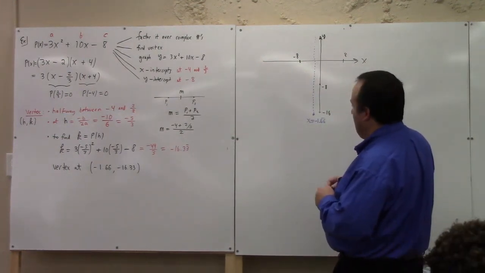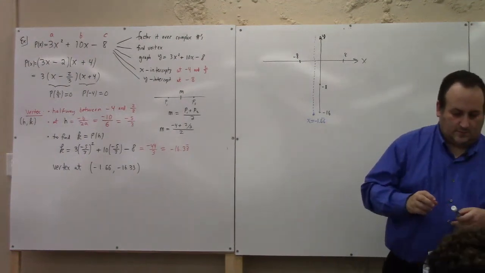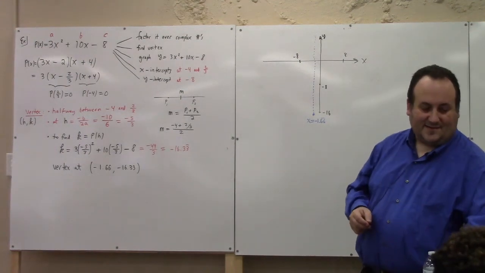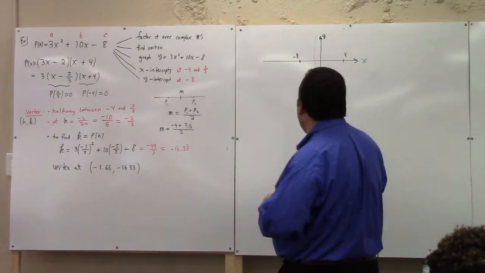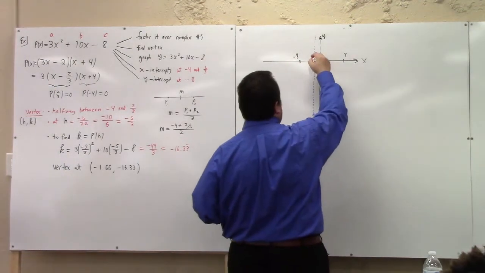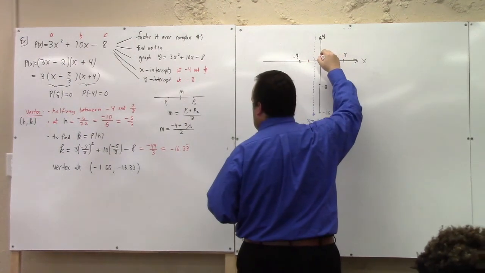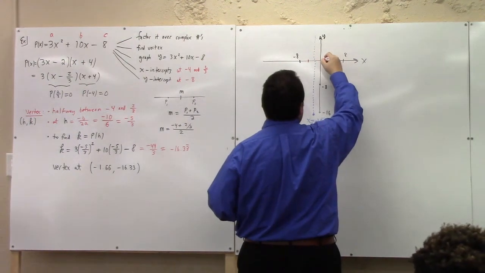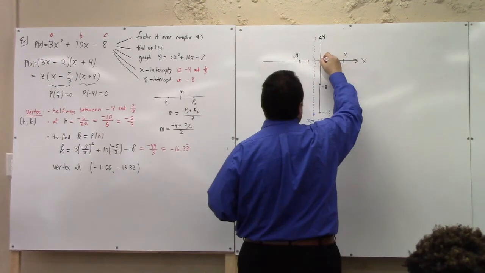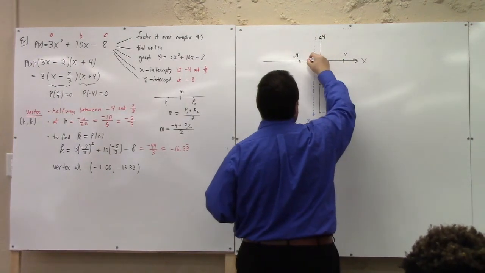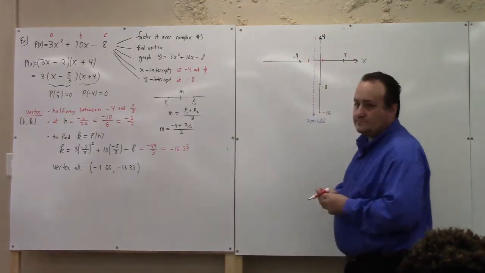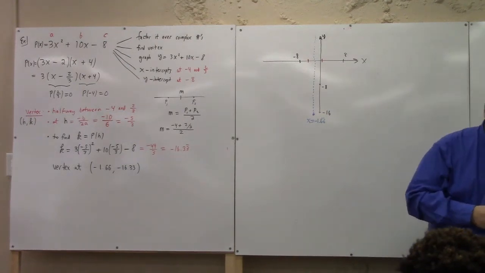And where are the x-intercepts? Should we let them in? I guess we could let them in. So the x-intercepts are here. And where else? Basically here. It's kind of hard to... Here and there.